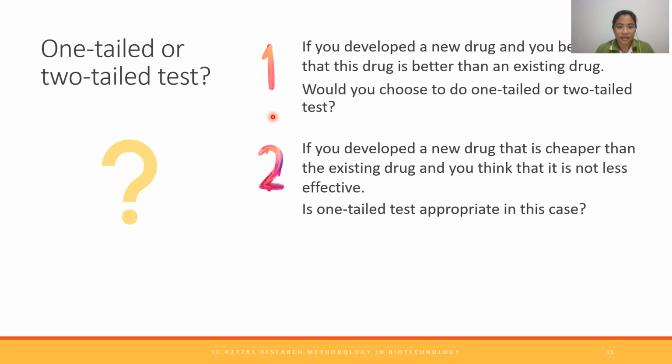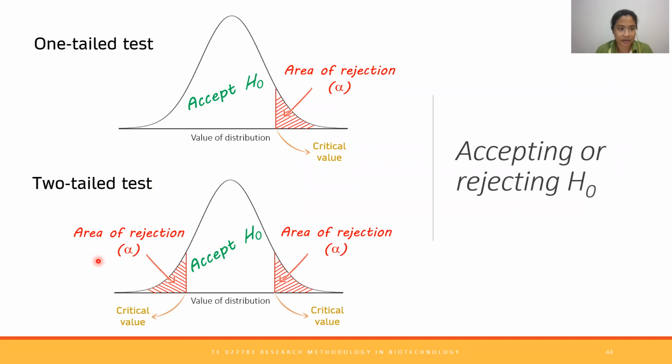All right, and the next slide, okay. The next slide is something about accepting or rejecting H-naught. So in statistical analysis, in hypothesis testing, of course you have a null hypothesis and you have an alternative hypothesis. The main thing of doing a statistical test is going around the null hypothesis.